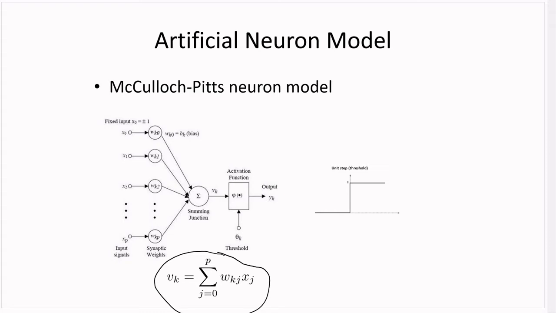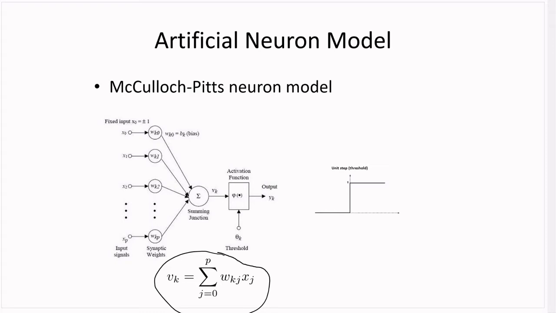This model consisted of a number of input lines coming to a summing junction, and each input line was modulated by a weight known as the synaptic weight for that line. And the neuron was operating at an operating point that was controlled by the bias of the neuron.